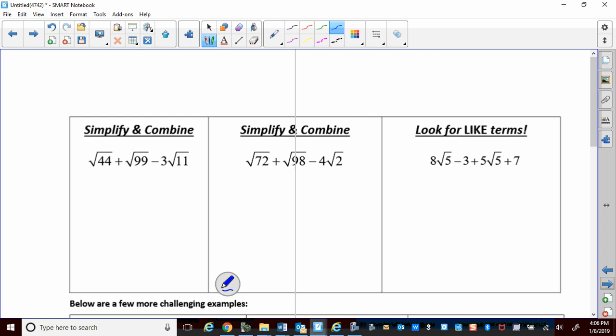So remember, simplifying, we go to y equals, we look at the index here. I always put a 2 there. And we go to y equals and put in 44 divided by x squared, right?